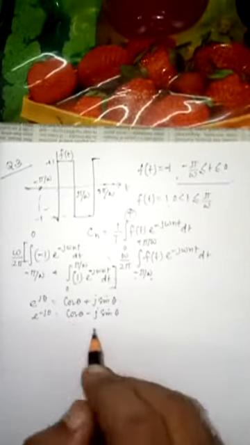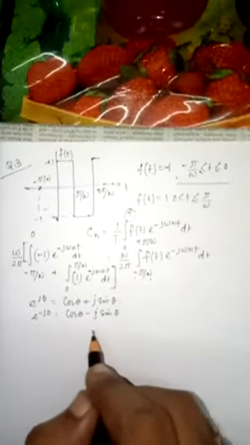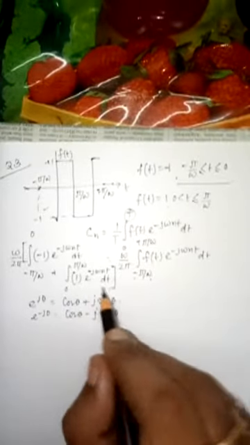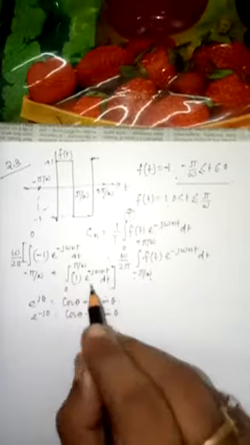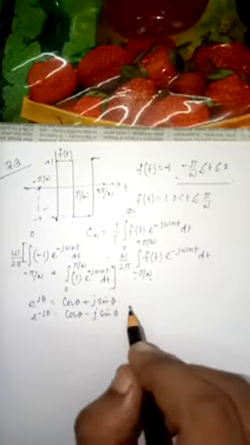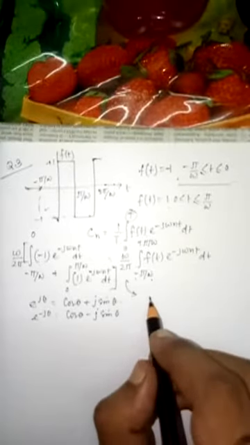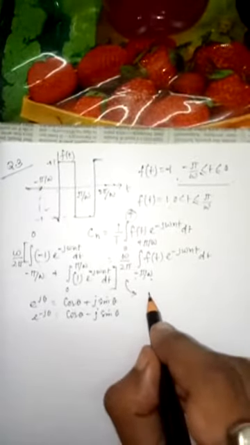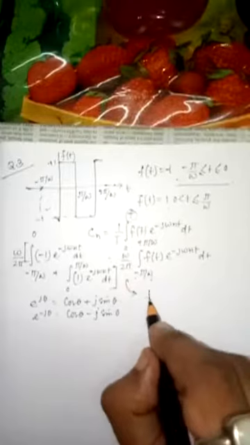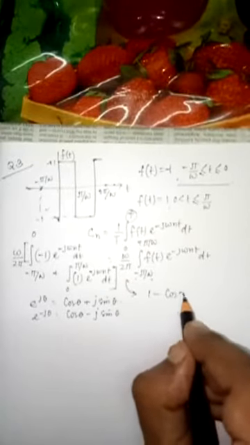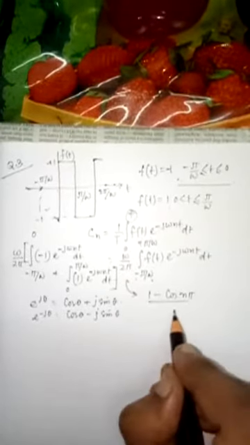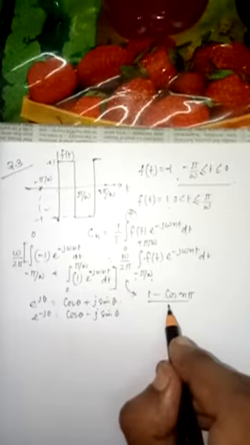If you subtract them, only the sine part remains, so the function comes out as sine. If you integrate the sine, it generates a cos function. So the final answer of the integration, you can evaluate it by yourself. By putting this value also, it is 1 minus cos of n pi divided by j n pi.